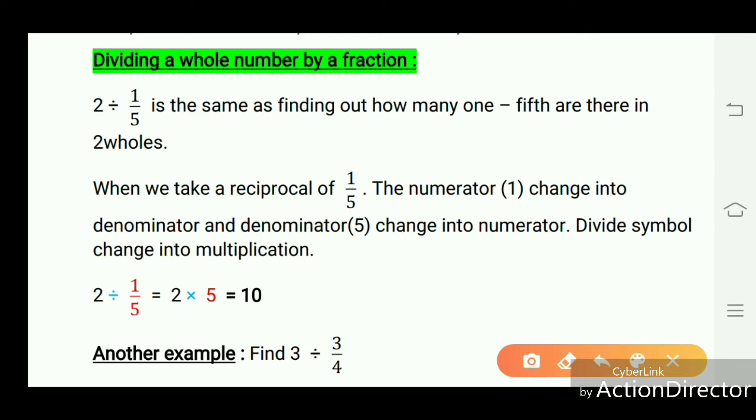When we take the reciprocal of 1 upon 5, we get 5 upon 1, because the numerator 1 changes into the denominator and the denominator 5 changes into the numerator. So we get 2 5s are 10.